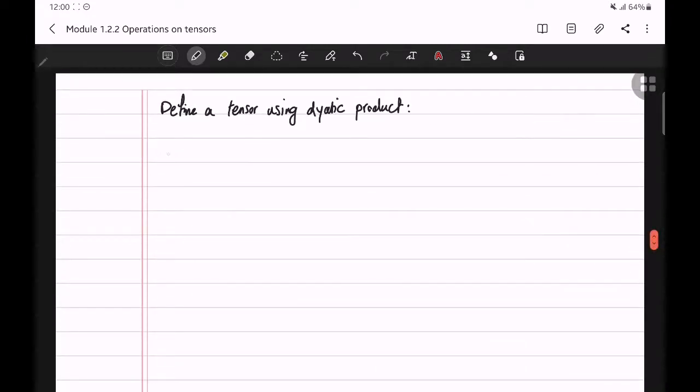So if you have Tij, you can write it as ei · Tej. You can write this T as the product of two vectors. We already talked about this. Let's say that we have a and b, so ej.